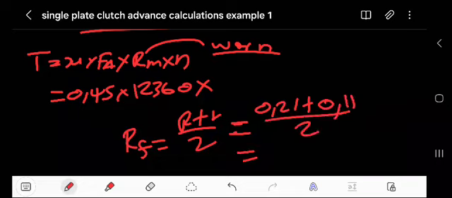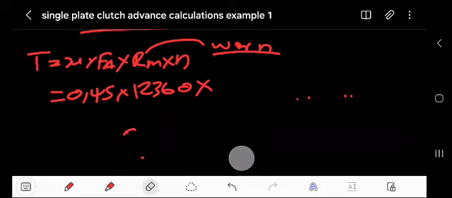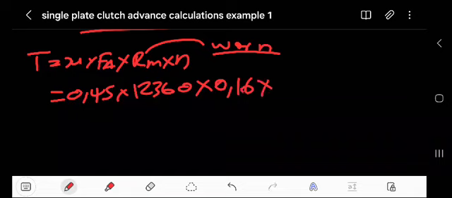This is equal to 0.16 m. So we can simply substitute that. Now this is simply equal to 0.16, multiplied by 2. Remember, because it is a single plate, the number of contacts will be 2.